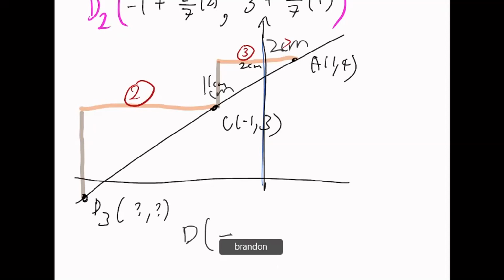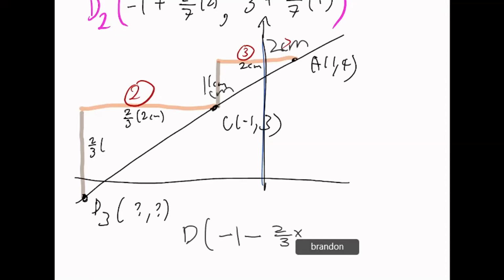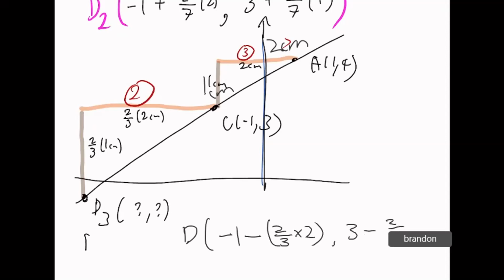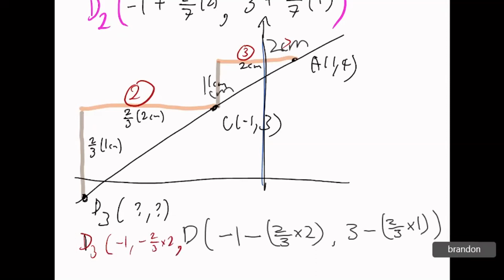Okay, then that means this will be 2/3 of 2 cm. 2/3 of 1 cm. Then you just need to minus off. Yes. 3 minus 2/3.